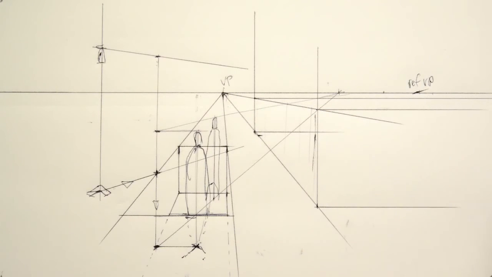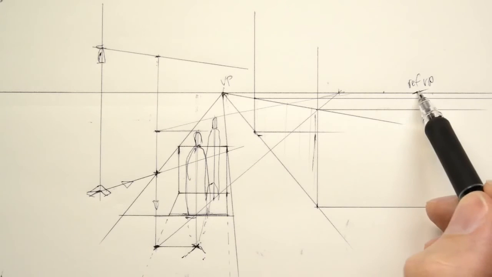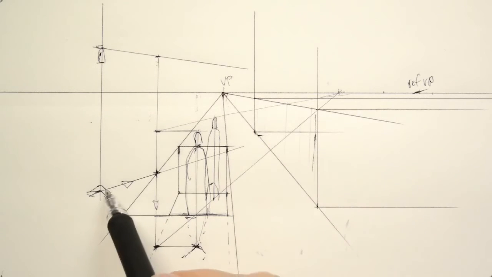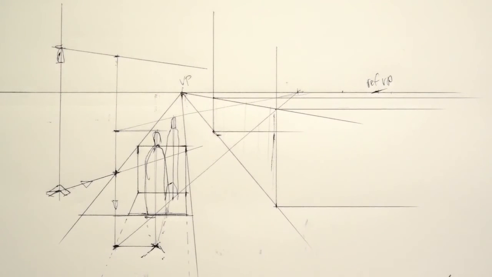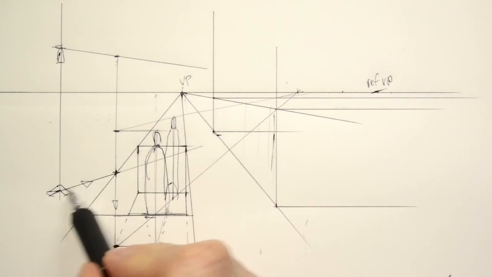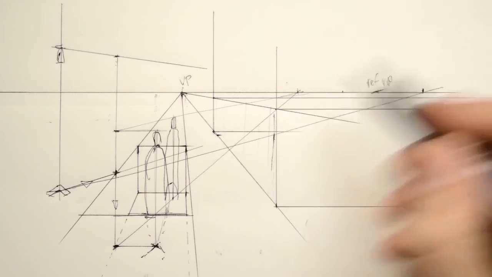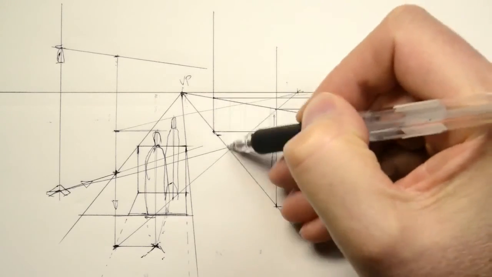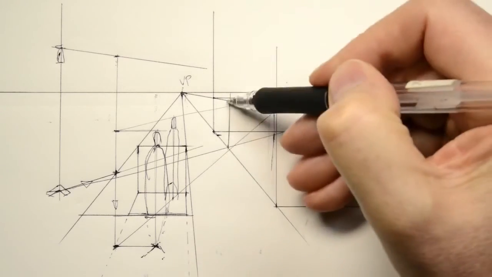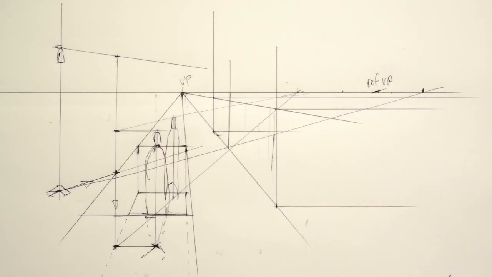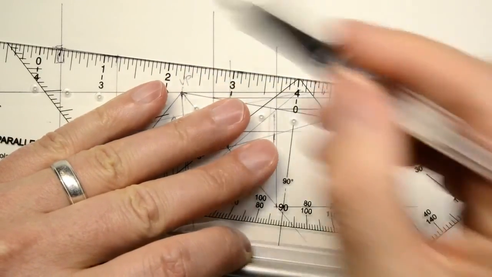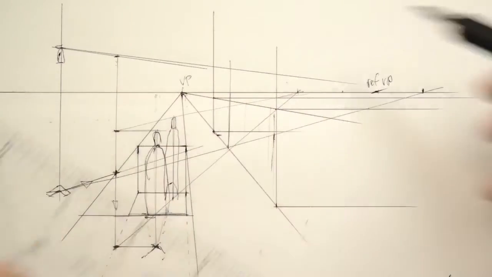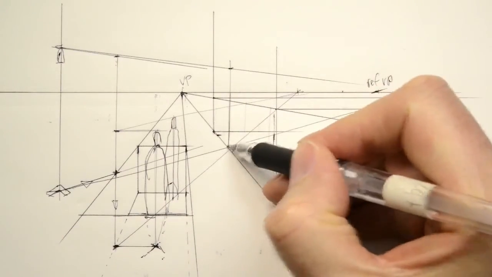If I want to put them on top of this, same sort of thing. Let's see, maybe I can slide this over just a little bit. Let's go over, another reference vanishing point. It hits the side of the box here, we go up. Okay, and I take this line, I should probably use the straight edge for this one. Height back, here's the height.